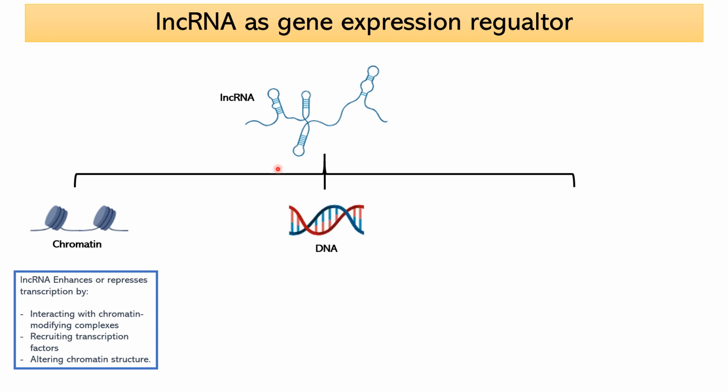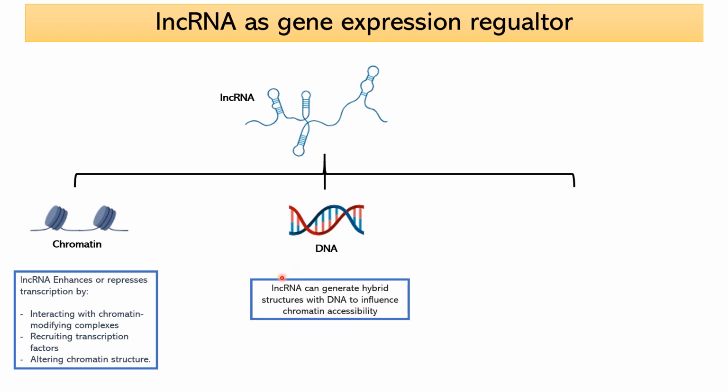The second thing is that the lncRNA can also interact with the DNA, so it can generate a hybrid structure with the DNA, and this hybrid structure will influence chromatin accessibility, which ultimately will affect gene expression as well.